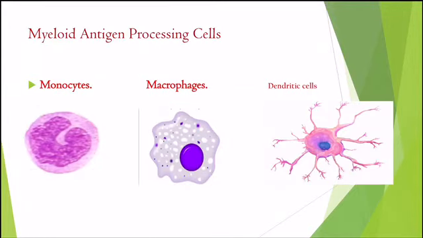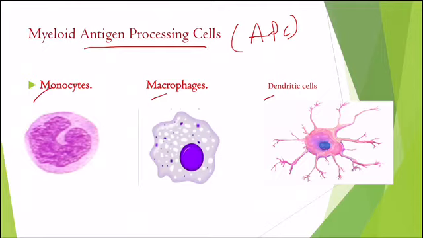Another category of cells produced from the myeloid origin are the antigen processing cells, called APC, or antigen presenting cells. They arise from myeloid progenitors and majorly include monocytes, macrophages and dendritic cells.